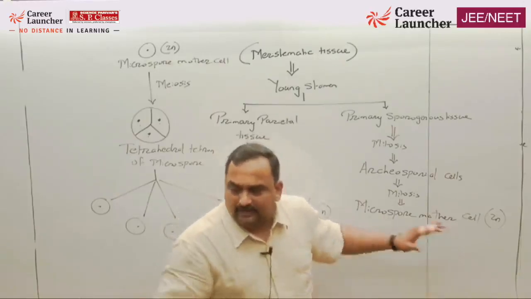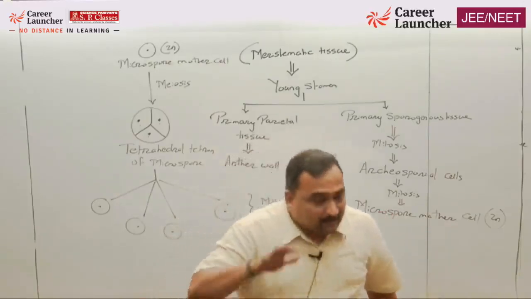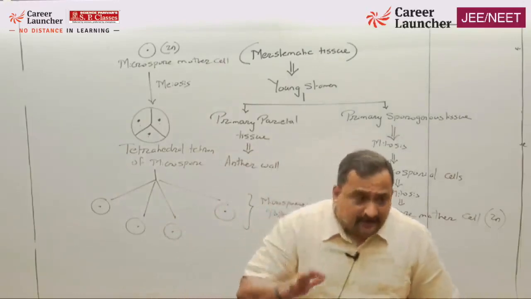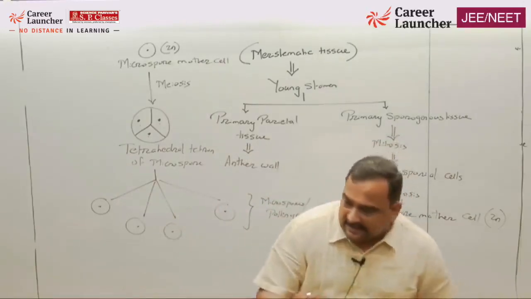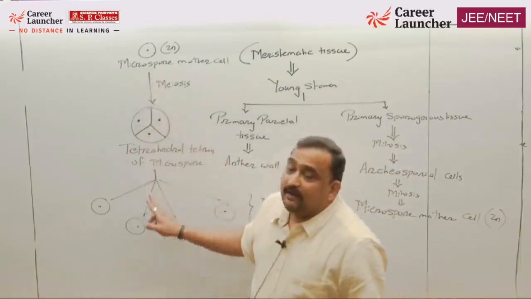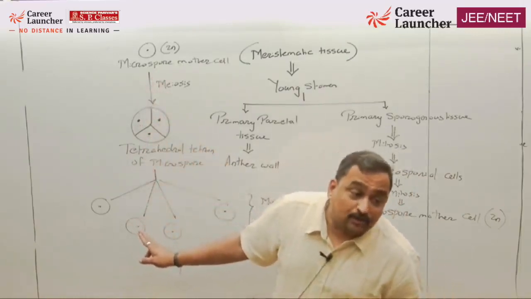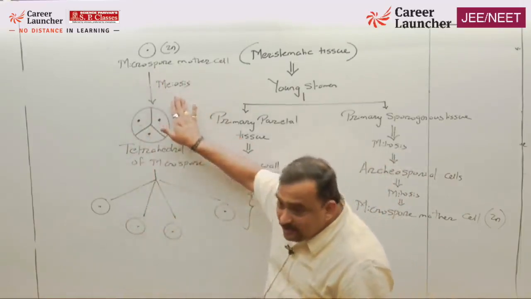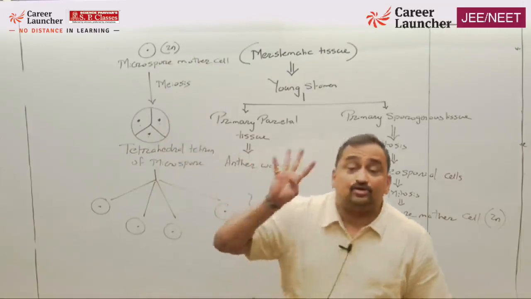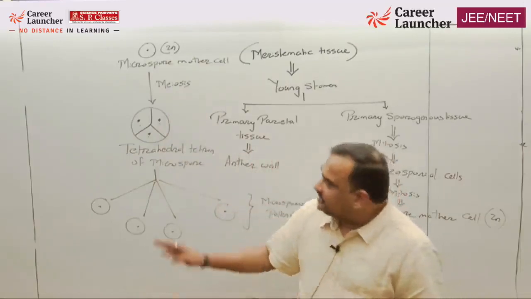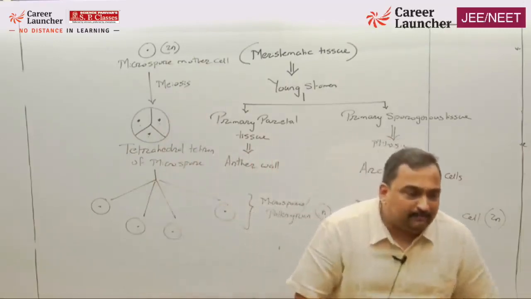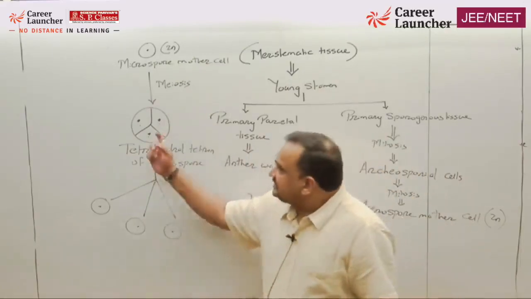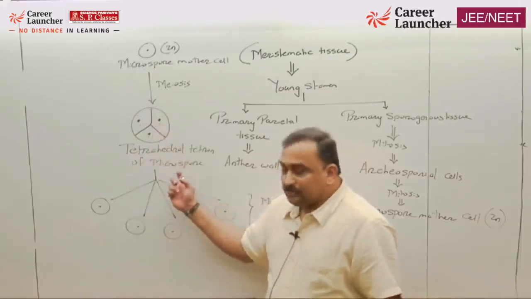Once the microspore mother cells are formed, each microspore mother cell, under the influence of tapetal cells, will undergo a process called microsporogenesis, where each microspore mother cell will undergo meiosis to form 4 microspores. But these microspores are not formed separately. They form a tetrahedral tetrad of microspores.